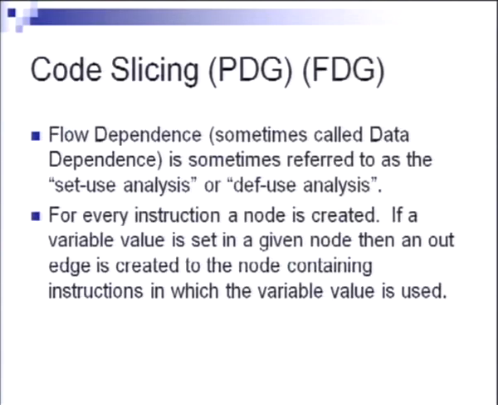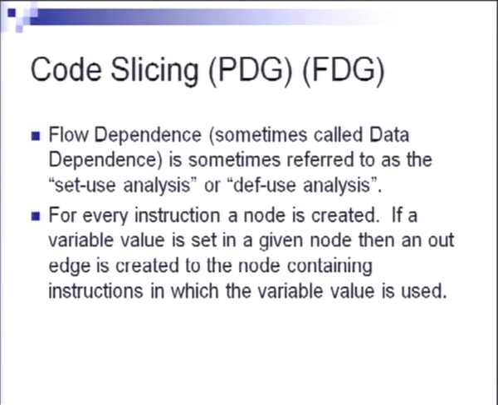The first thing is flow dependence, which is sometimes called data dependence, which we talked about a little earlier as data flow analysis, with its problems with computed jumps. You need data flow analysis to solve computed jumps, but you can't. This is sometimes called set-use analysis or def-use analysis, or definition-use analysis.